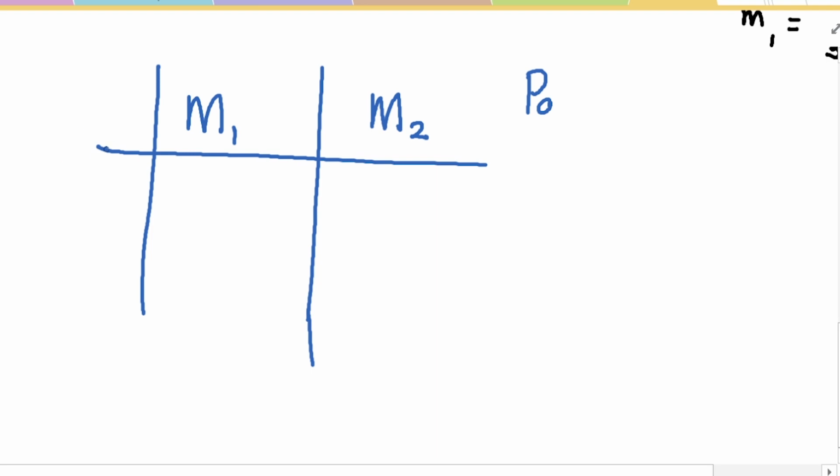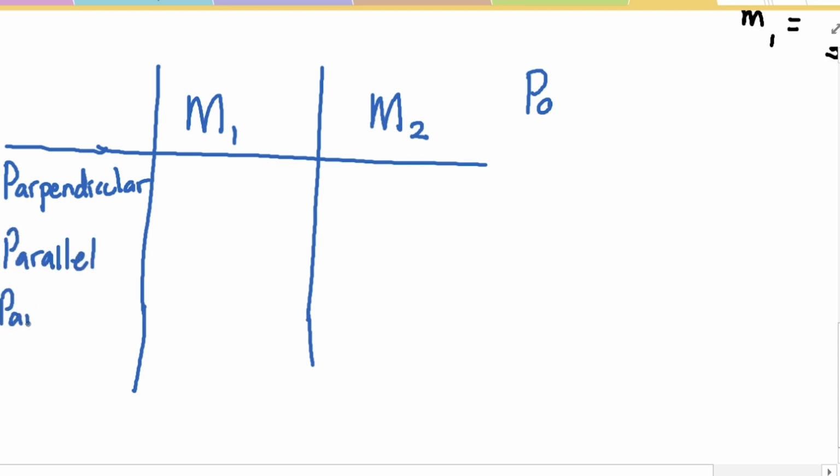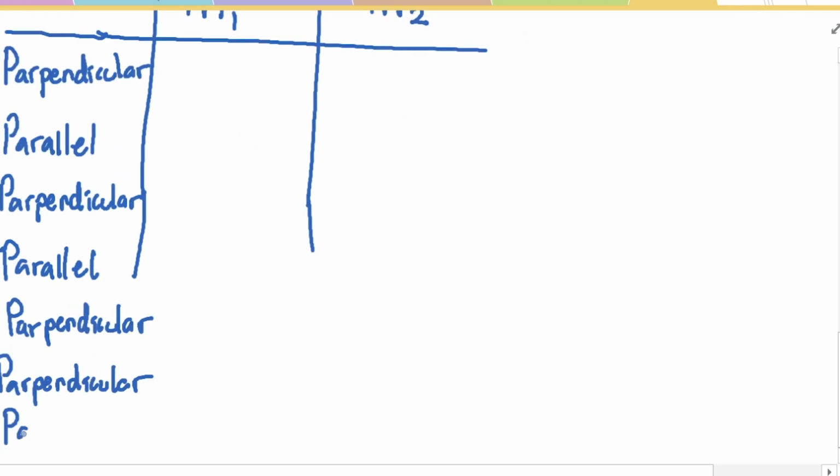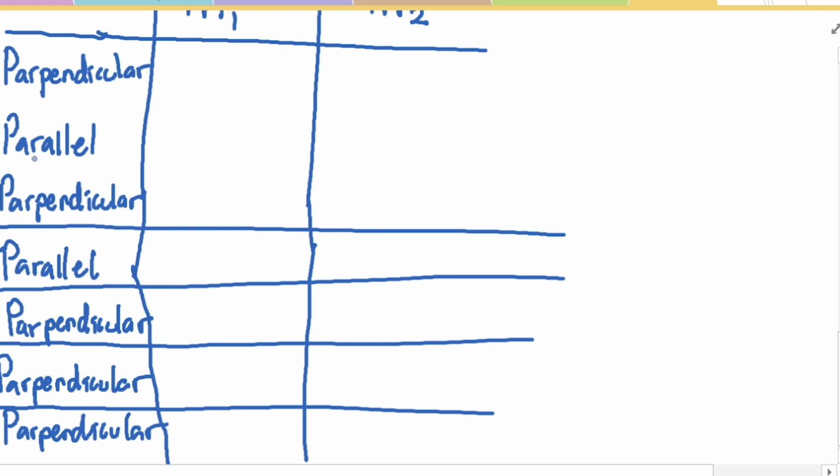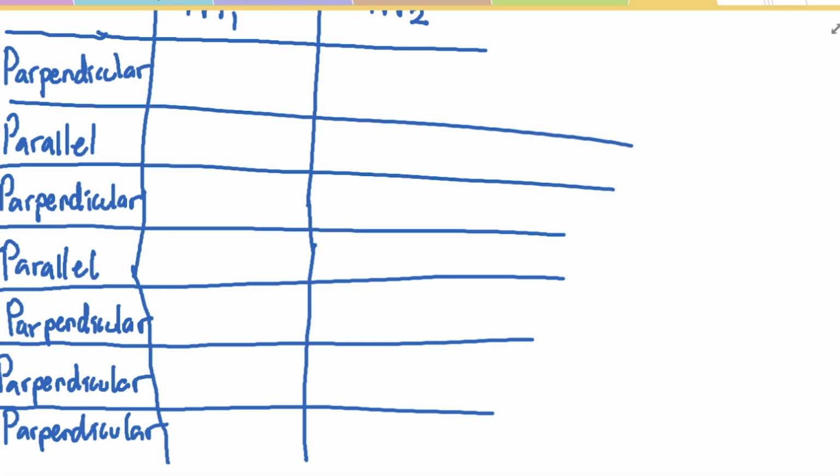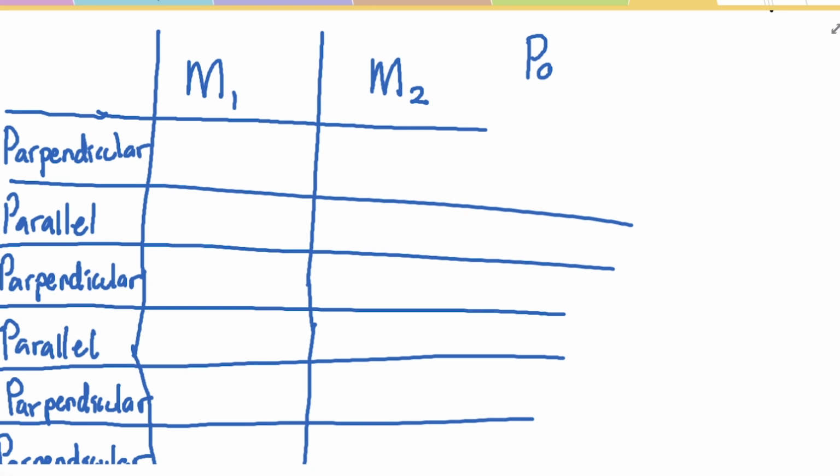These are two lines, M1 and M2. They can either be perpendicular, they can either be parallel, or they can be perpendicular, so we have numbers here. We have line M1.